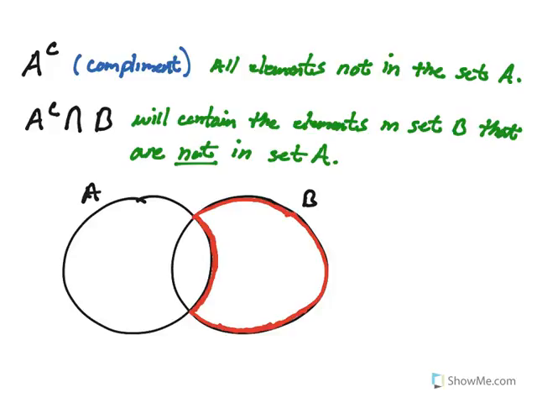In this particular example we have over here, all right, we want to find the intersection of the complement of A and B. Well, that means that the complement of A means all elements not in set A. And then we want to find the intersection with set B. Well, go back to that first statement. We should be shading in all of B, and we should not be entering set A. That's why I did this moon shape, all right?